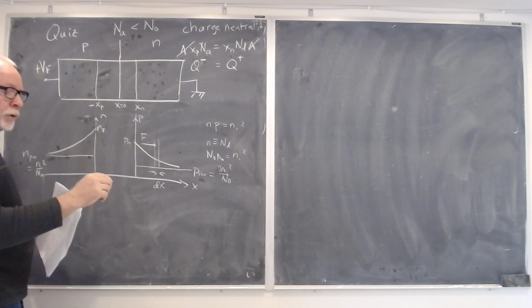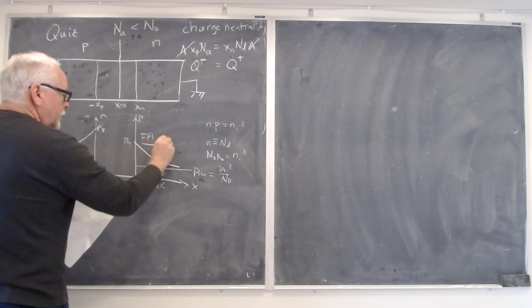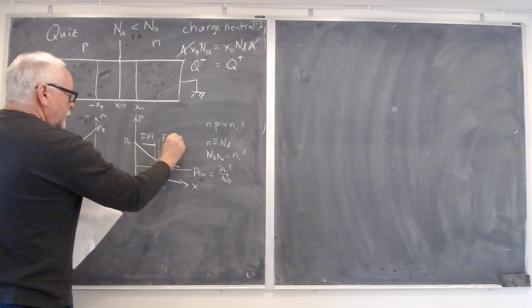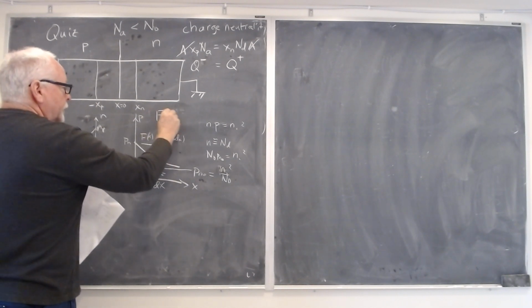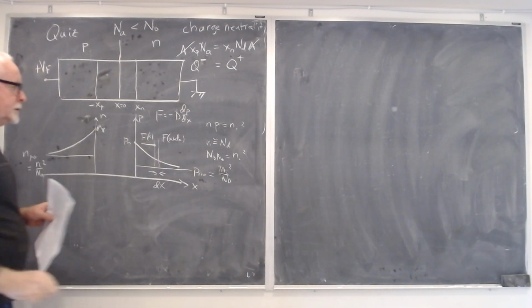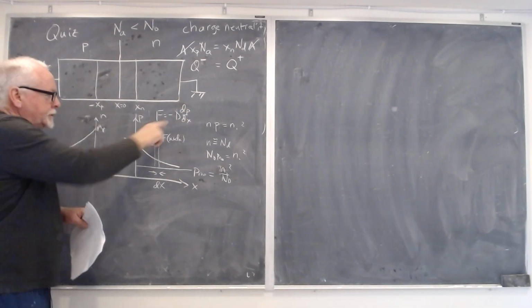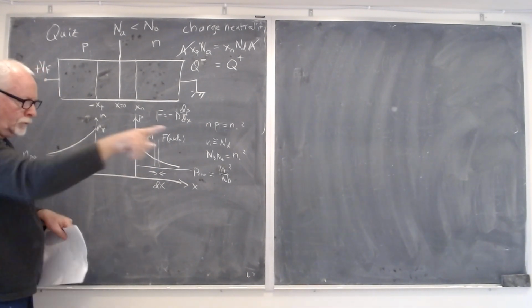That's proportional to dp dx. Now, F is minus D dp dx. It's the flux of holes. And the minus sign is because when the slope is negative, the holes are going that way.